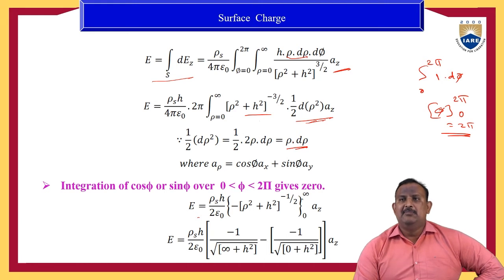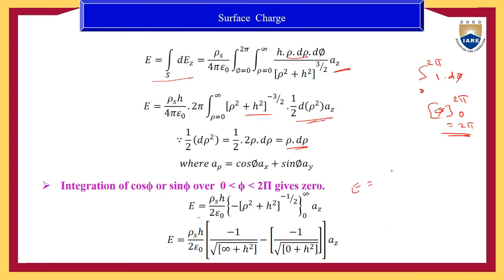Then if you substitute the limits in this value, we have E is equal to rho s h by 2 epsilon naught into minus 1 by root of rho square plus h square between the limits infinity and 0.